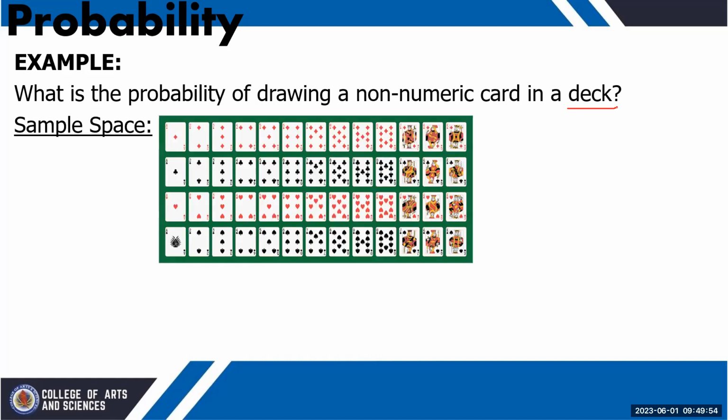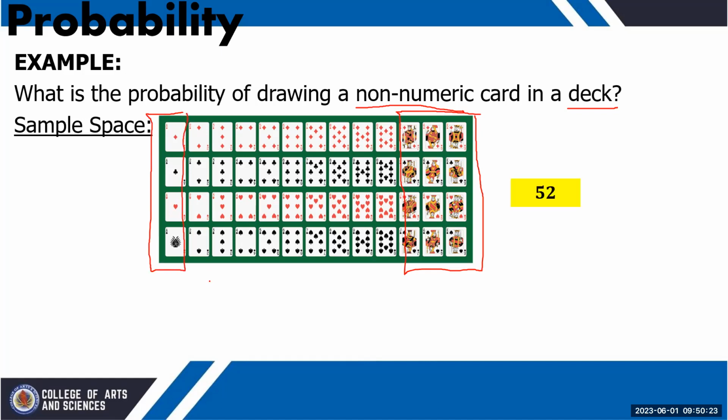We know that meron tayong 52 na cards sa isang deck. Okay? Ngayon naman, ang kinukuha nating favorable cases is yung non-numeric. Lahat ng hindi numbers. So kung titignan ninyo, meron tayo ditong letters and also your aces. Di yan number, so kukunin din natin yan.